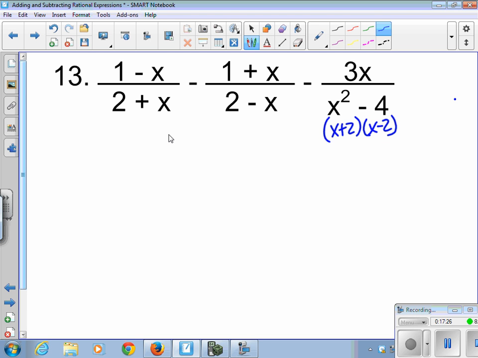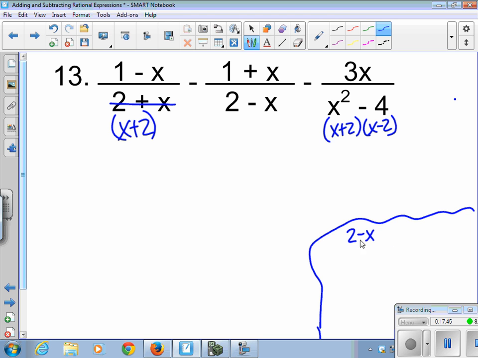And to do that with the first one, 2 plus x is the same as x plus 2, so that's no problem. I'm just going to rewrite it. Now, the other problem over there, I'm going to draw my bubble down here this time. I'm going to have to take that 2 minus x, and if I want the x in front, I'm going to have to rewrite it. Whatever sign is in front of the term, though, I've got to keep it with that term.